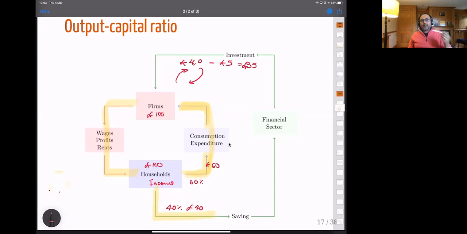And that capital stock means that next year, firms in the economy have more capital stock. And because they have more capital stock, they can produce more. And because they produce more, the economic output of this economy increases. So the more capital stock you add, the more the economy's output would increase.